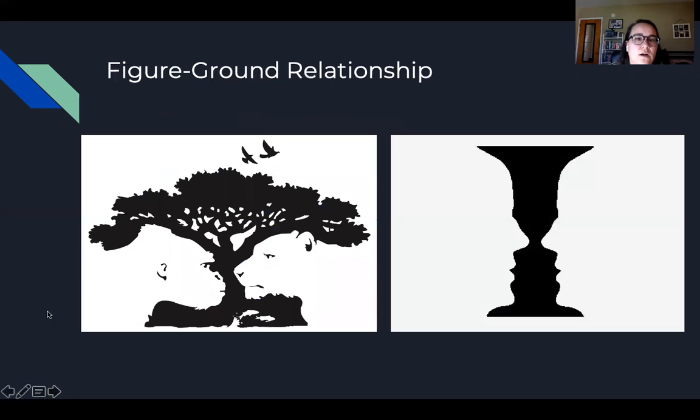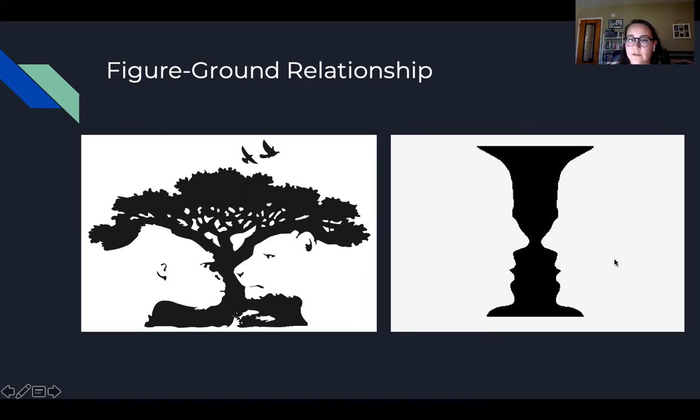A fun example of this are pictures like this. On the left here, depending on what your mind is defining as the figure, you might see a black tree and then a white background, or you might see a gorilla and a lion with a black background.